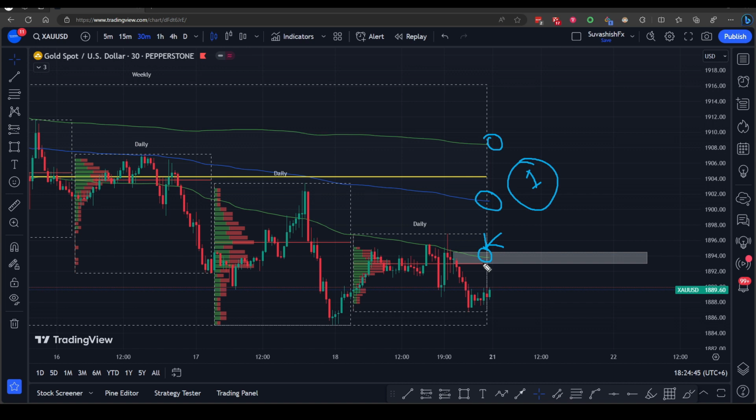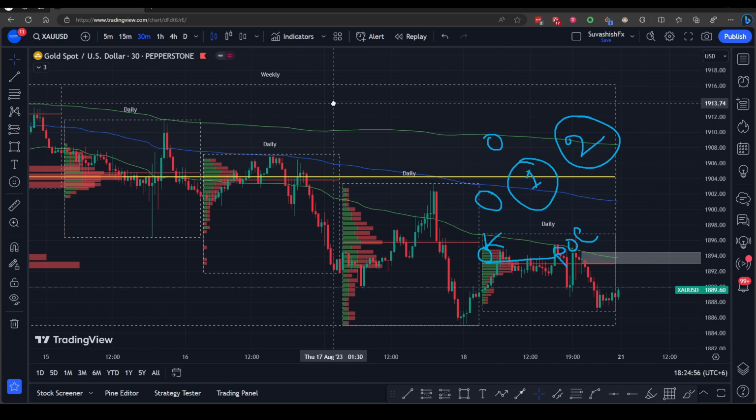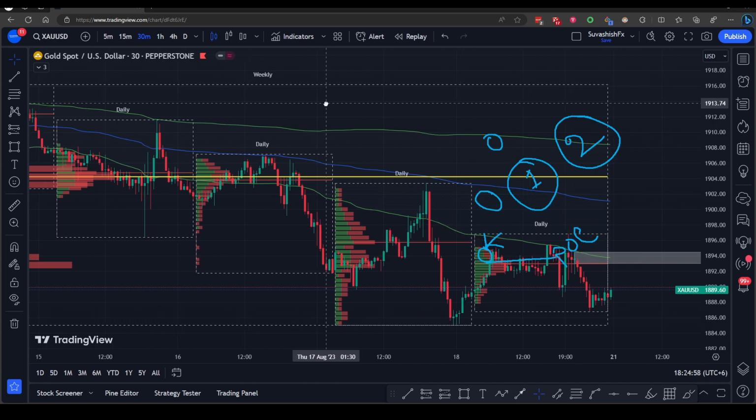Second, the daily POC level is still unmitigated, that's point number two. And the third one, that's our third one. If I see this, that's the third one where I can draw this mark.